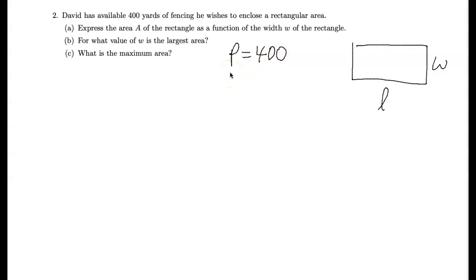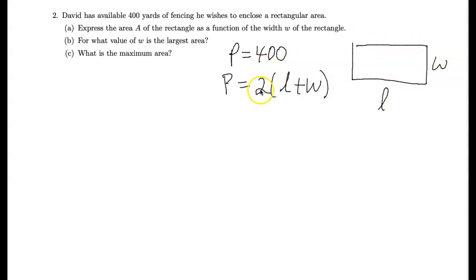And David wants to enclose a rectangular area. So the formula for the perimeter of a rectangle is P equals 2 times the quantity L plus W. Again, with perimeter, you're just going to add up all the sides. You might have traditionally looked at it as 2L plus 2W.